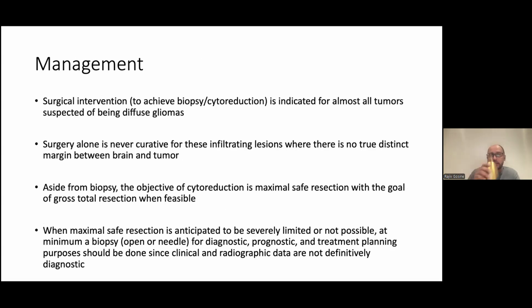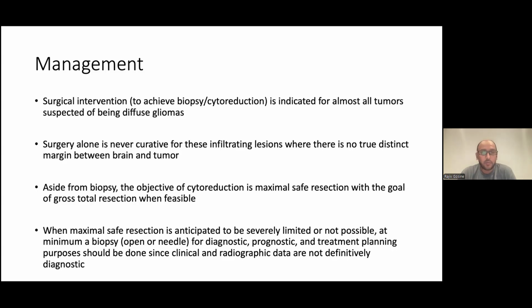Now, specifically in terms of treating the GBM, surgical intervention is usually first line. The intention is to achieve biopsy or cytoreduction, and is indicated for almost all tumors suspected of being diffuse glioma. Surgery alone is never curative for these infiltrating lesions because there's no true distinct margin between brain and tumor.